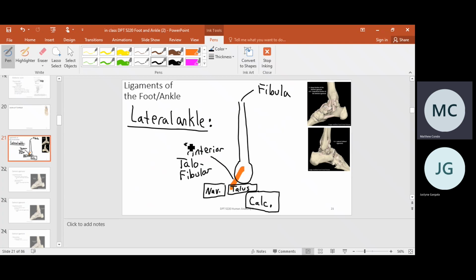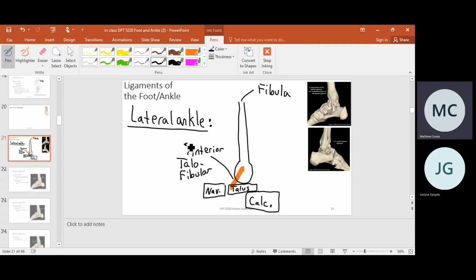Okay, its position, it's located in the lateral compartment. It's also positioned, located a little bit in the anterior compartment. Okay, so what I want you to think about is what 2 motions that ligament would prevent.